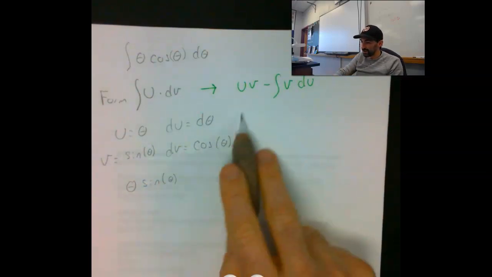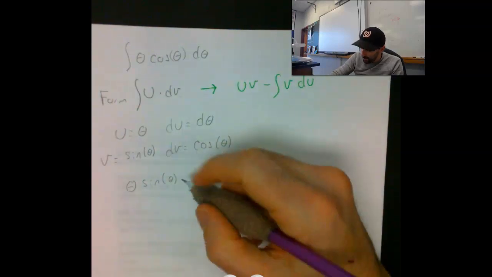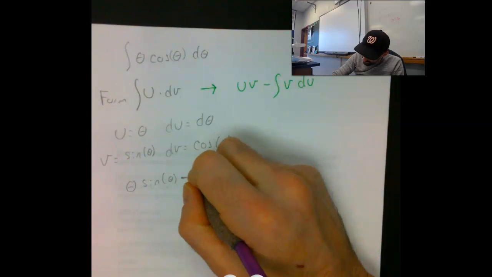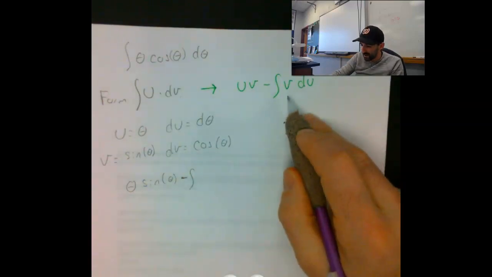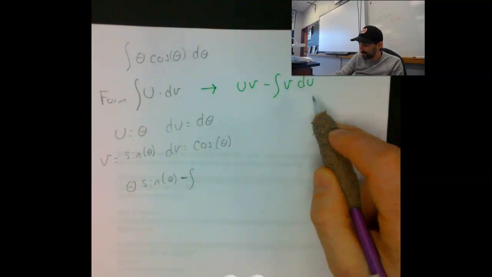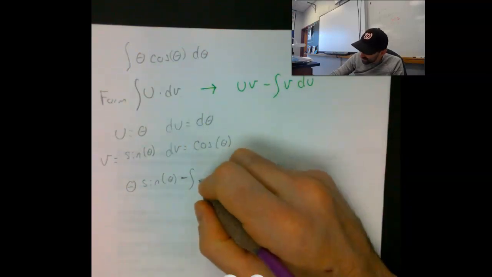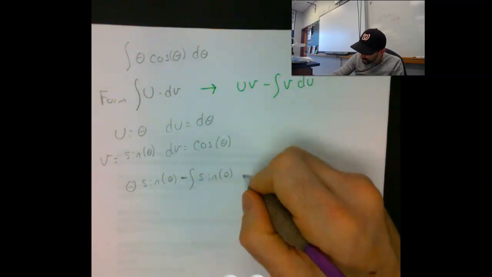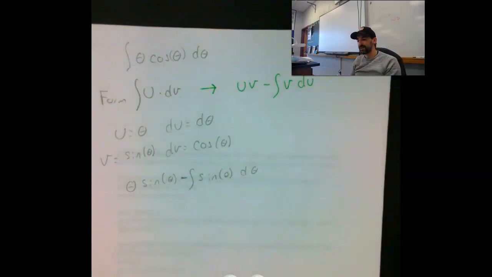Perfect. So uv, theta sine theta, minus the antiderivative of v again, sine theta, du, d theta.